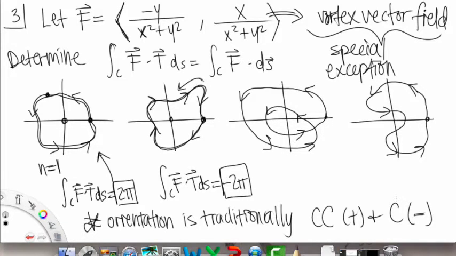Unless they say in the problem that the curve is traversed in the clockwise direction and that's its orientation, then that would be your positive one, okay? But traditionally, if they don't tell you, counterclockwise is positive, so going opposite the direction of a clock is positive, and going in the direction of the hands of a clock would be negative. So in this case, this was negative, because they didn't tell us any background information about it.